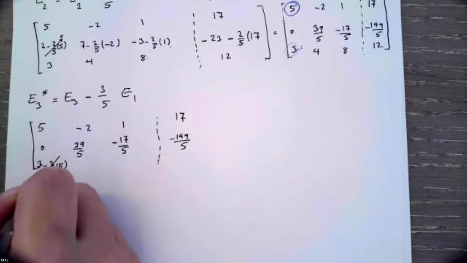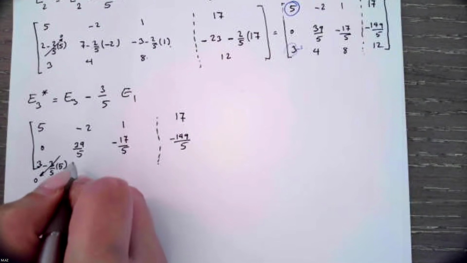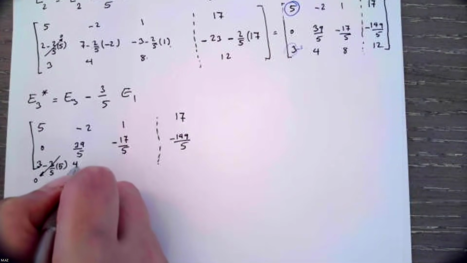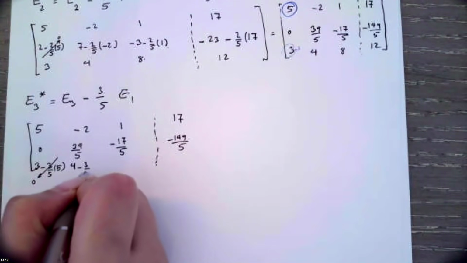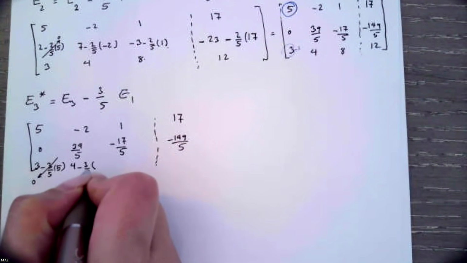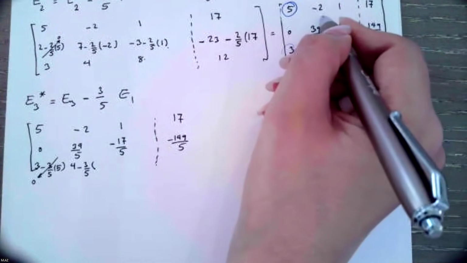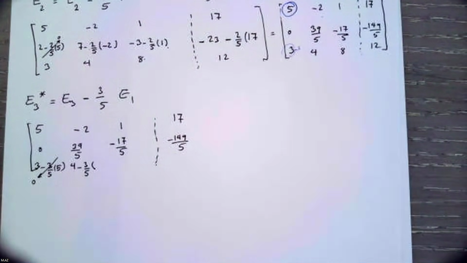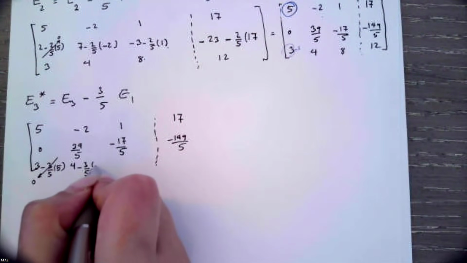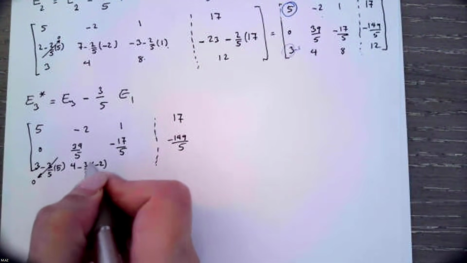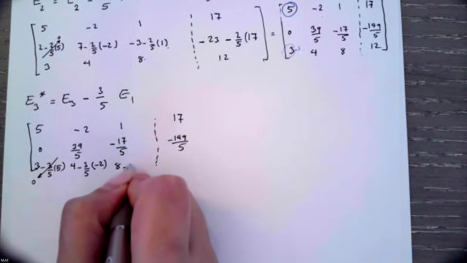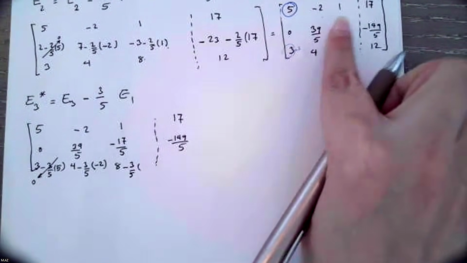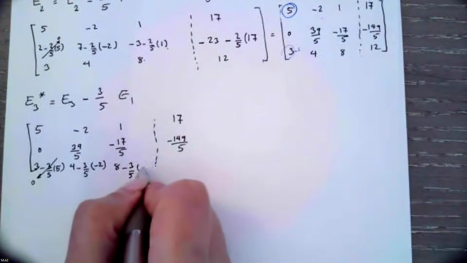That turns to 0. 4 minus 3 over 5 times negative 2. 8 minus, and this is 1. And this is about the B.